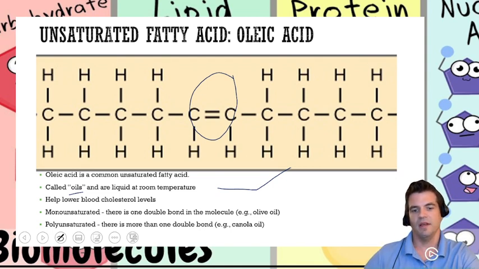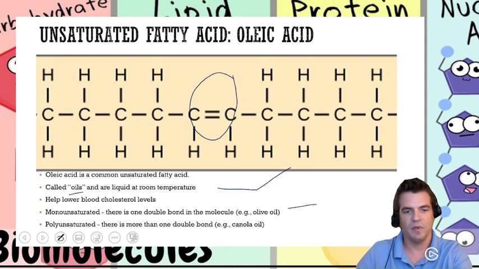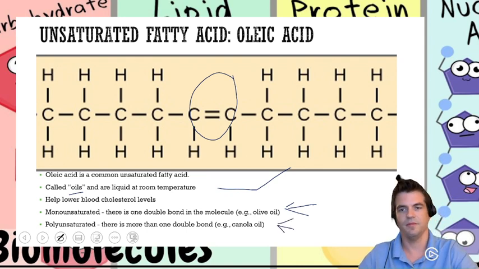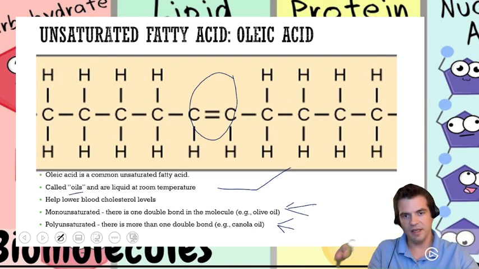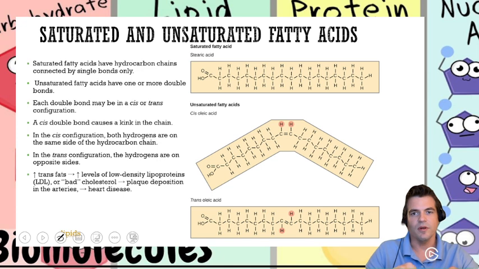You can have monounsaturated, like olive oil, which is kind of thicker, and then you can have polyunsaturated, which is like canola oil. So those are fatty acids, and we can see how they would lay on top of one another to be called saturated or unsaturated.